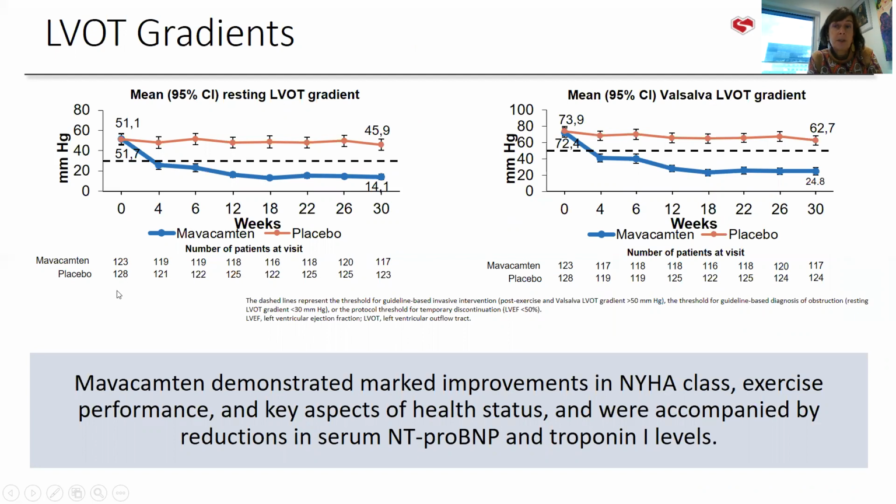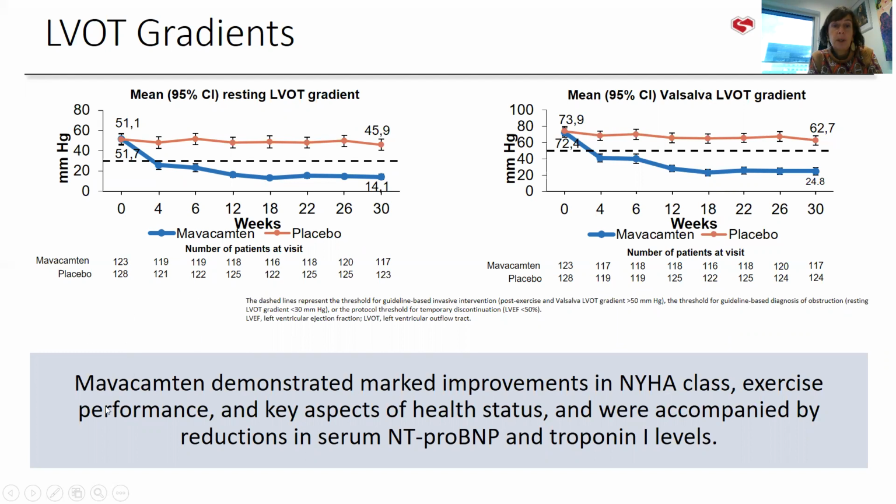And I'll show just briefly that the outflow gradient, so the left ventricular outflow tract gradient, which is increased in these patients, was highly reduced with the mavacamten treatment compared to placebo-treated patients.